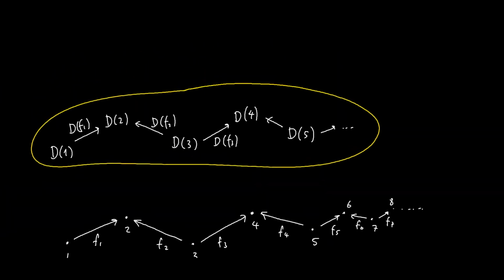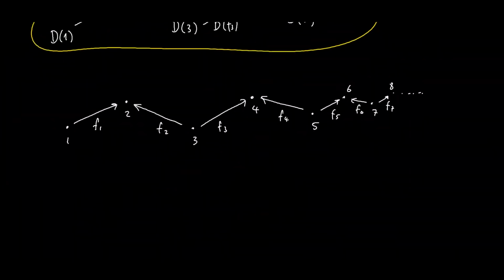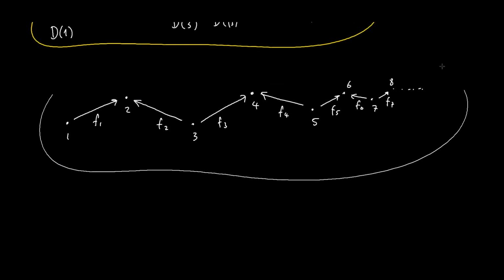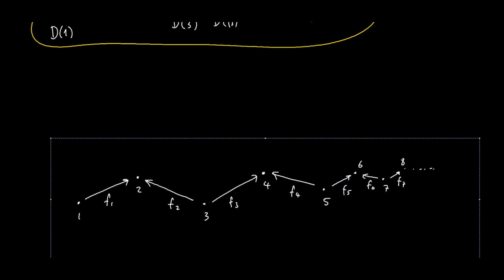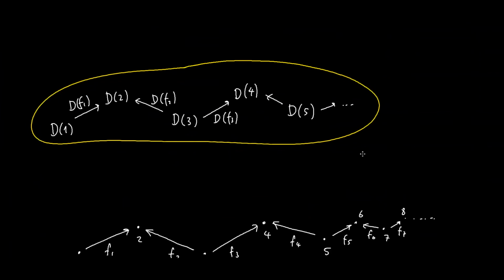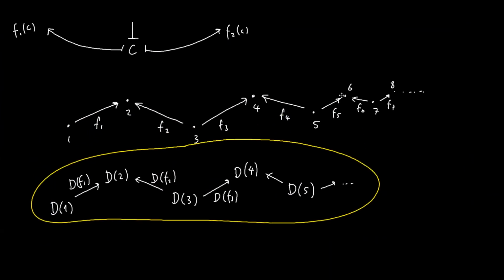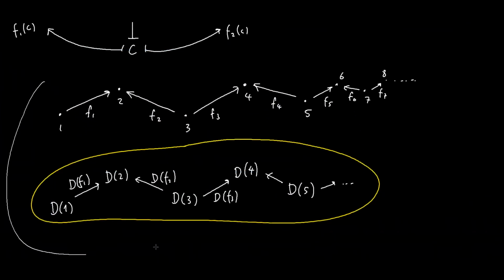And now I want to define the limit of this diagram. So the limit, I can denote this by lim D. It will be an object together with specified arrows. So maybe just to be consistent with our infimum intuition there, I'm going to draw this limit below the diagram. Maybe I'm going to put this one above. There we go.